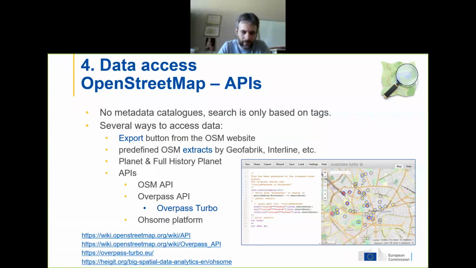Just to say, you can see on the screen that you can combine tag information to extract specific things. There you have museums. The tourism equal museum tag will extract only the points or polygons that respect that tag combination.